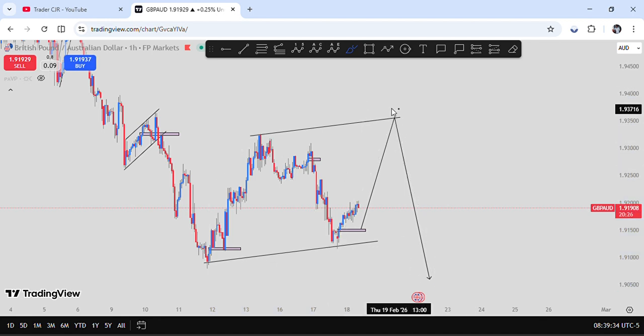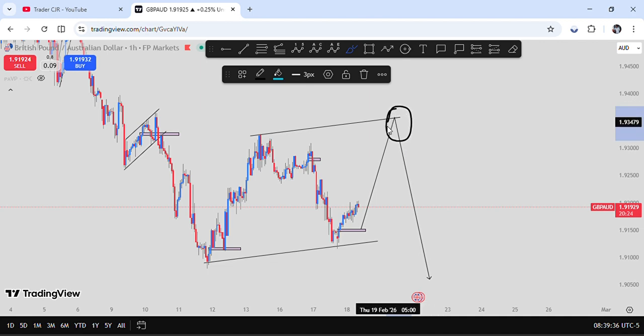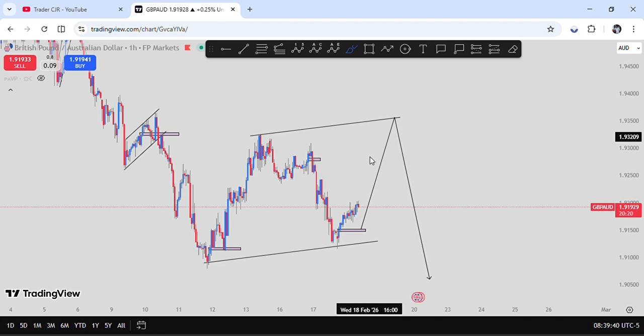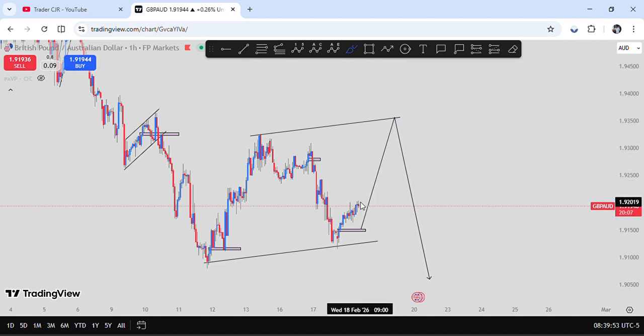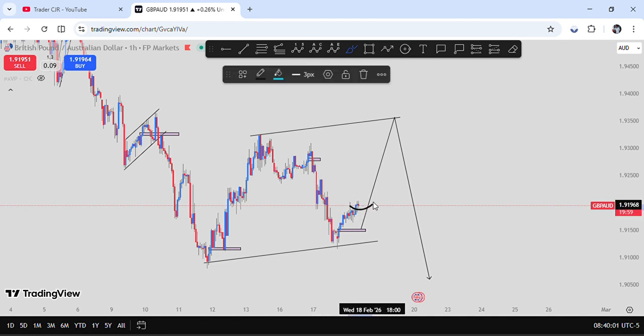So I expect to look for some trade setups, sell setups here. But if price chooses to pull down to this particular zone here, I'll be looking to buy this move going upwards. But if price doesn't pull back to this level, I'm not interested in buying the pound Aussie at this expensive price.